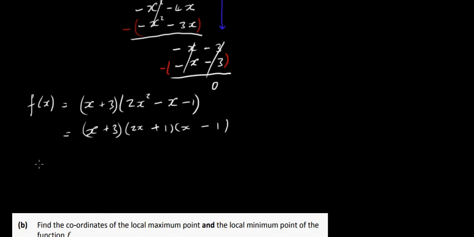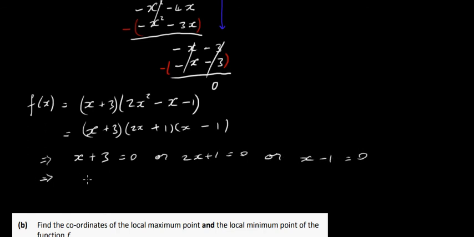So that really means then that if we want to find our roots, then all of these, this x plus 3, 2x plus 1, and the x minus 1 multiplied together should give us 0 for our three roots. Now, in order for that to happen, that means x plus 3 must be equal to 0, or 2x plus 1 must be equal to 0, or x minus 1 must be equal to 0.